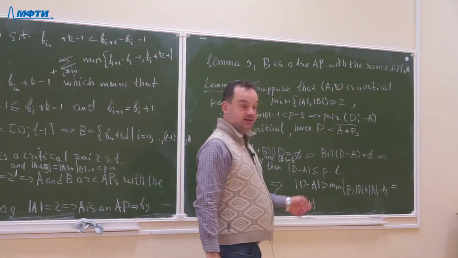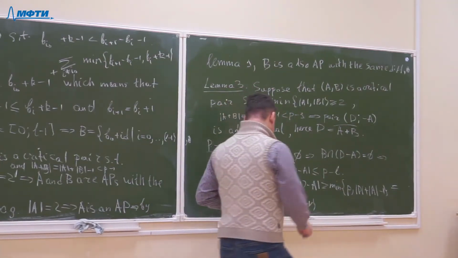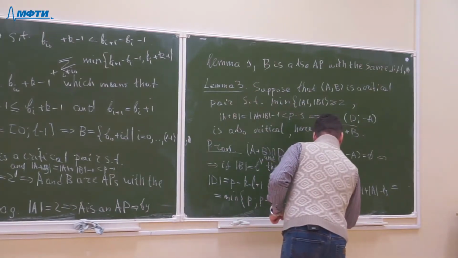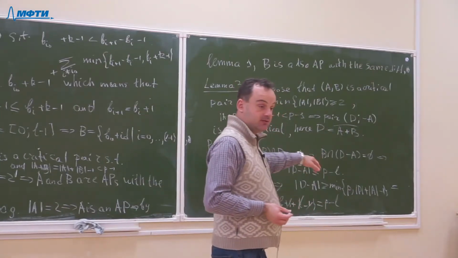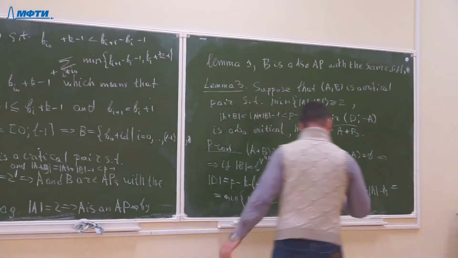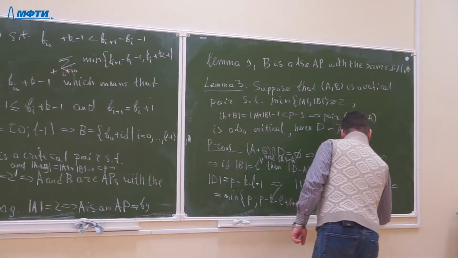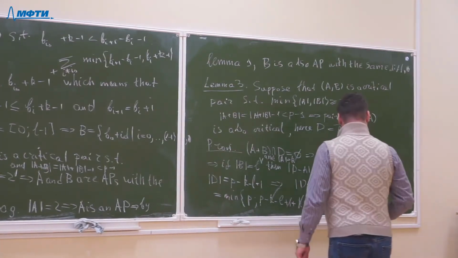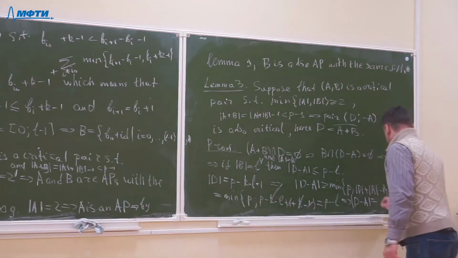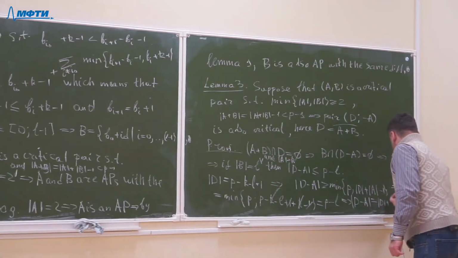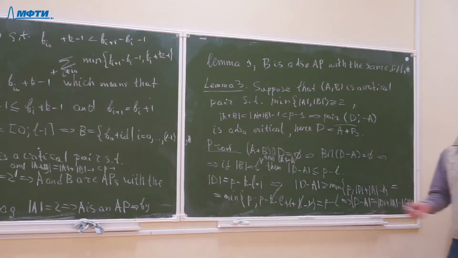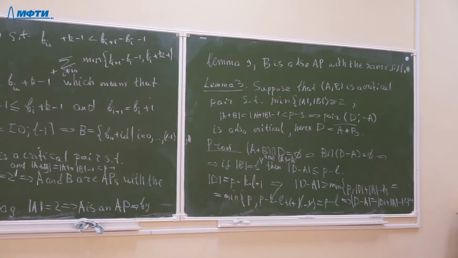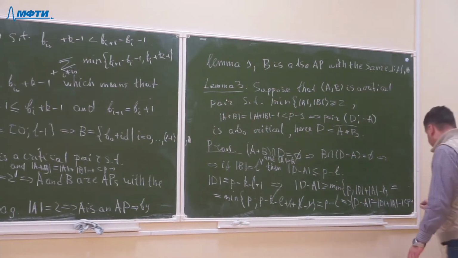This P minus L is strictly smaller than P, so this minimum is P minus L. So we got lower bound and upper bound, which are the same, so the cardinality of D minus A equals the cardinality of D plus the cardinality of A minus 1, and this is strictly smaller than P minus 1 because L is at least 2. So we showed everything.